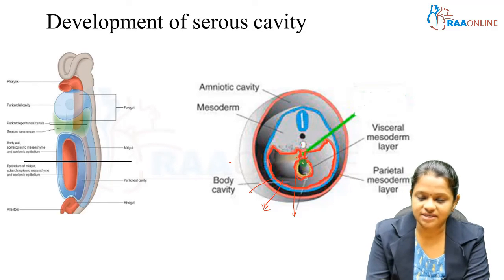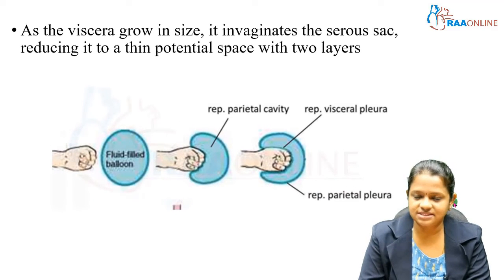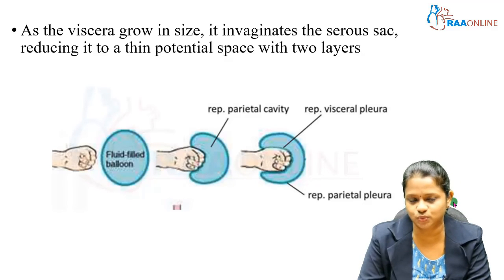And this is called as a serous fold, which suspends the viscera from the posterior abdominal wall through which the neurovascular structures are entering from the abdominal wall. So, as the viscera grows in size, it invaginates the serous sacs and reduces it into a potential space with two layers.